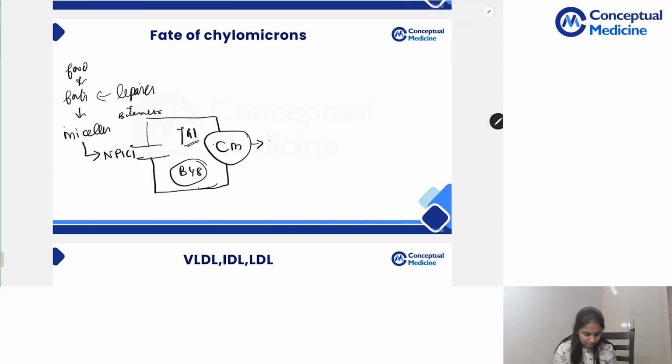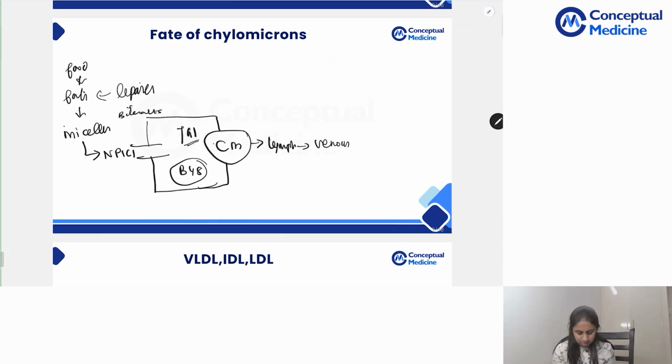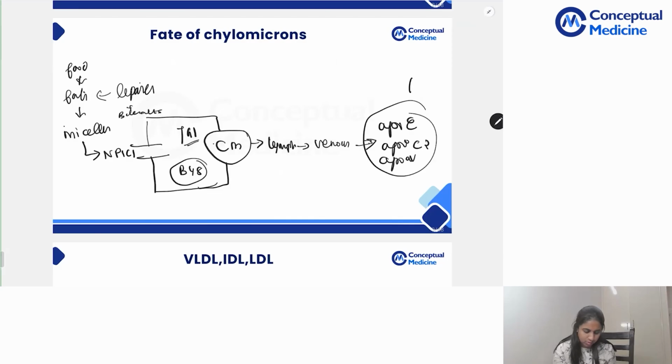This is pushed into the lymphatics, finally into the venous plexus. Once inside the venous system, it receives certain apoproteins from your HDL. All these are donated by a donor HDL, and this is then called a mature chylomicron.